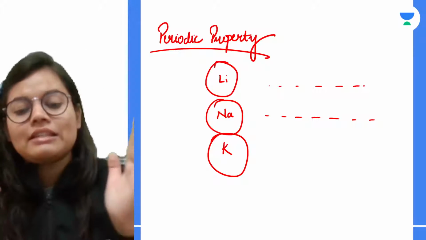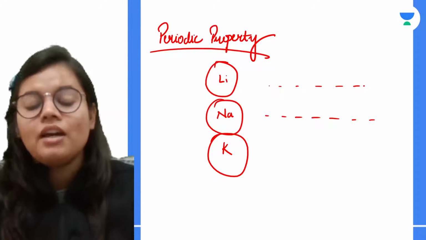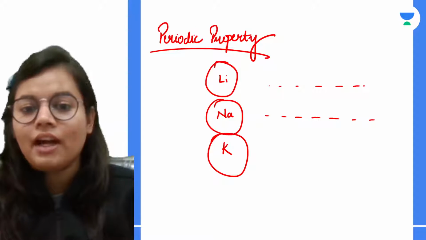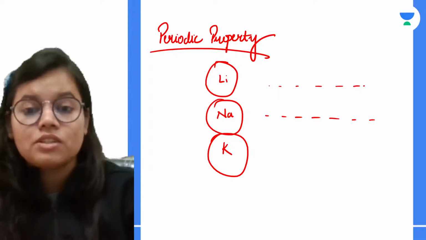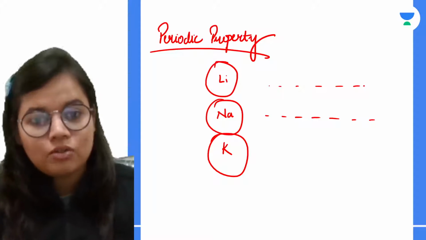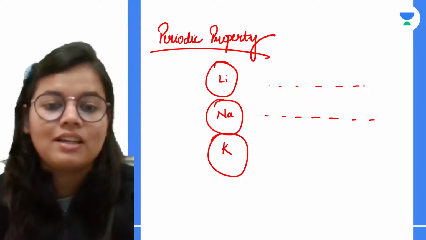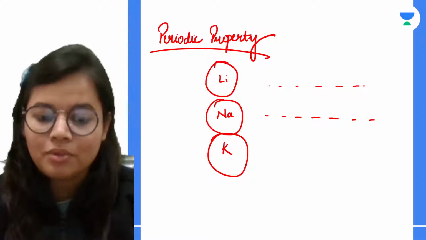As these elements repeat after a fixed interval of time, they are also showing some similarity in their properties, which are either constant or increasing gradually or decreasing gradually. So these properties are defined as periodic properties.